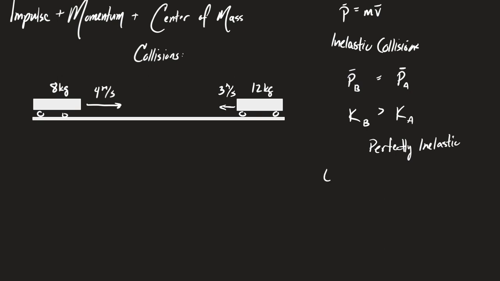Now there's another category, elastic collisions. And elastic collisions happen in basically one or two ways. True elastic collisions happen very seldom in nature. Subatomic particles have elastic collisions, but that's because they don't even make contact with each other. The electric force pushes them apart before they ever can make contact.